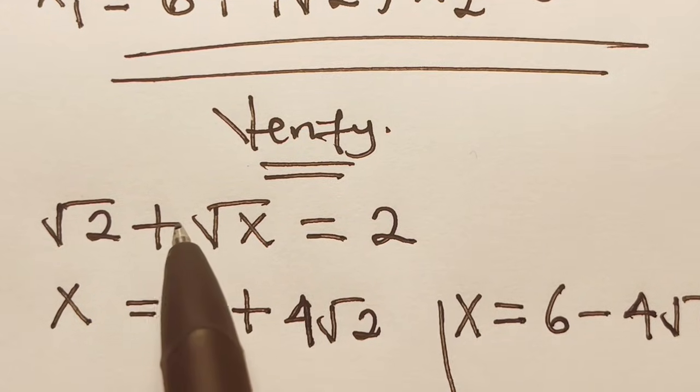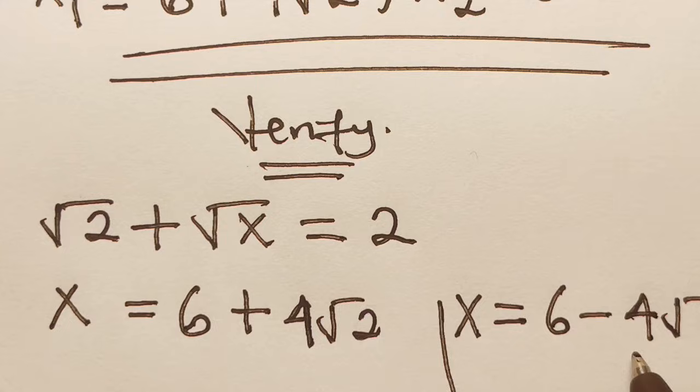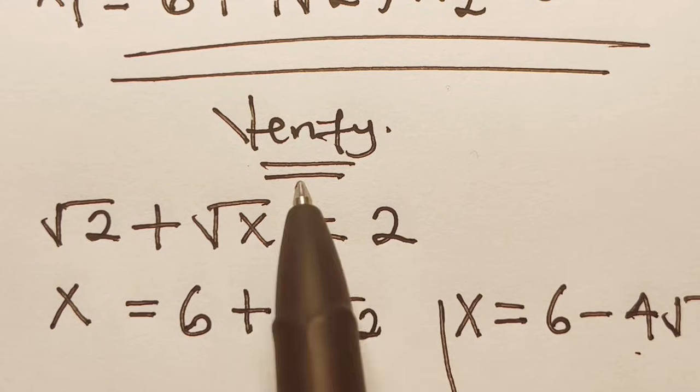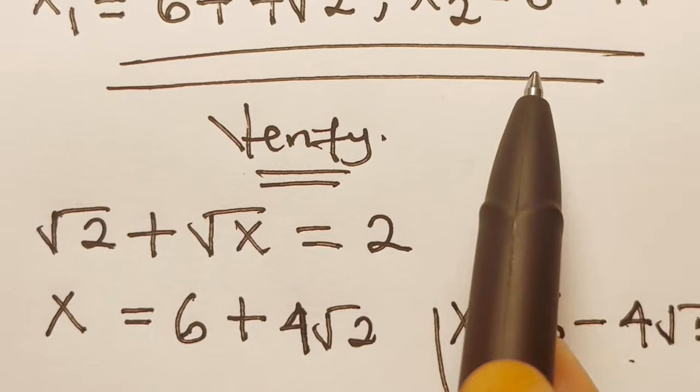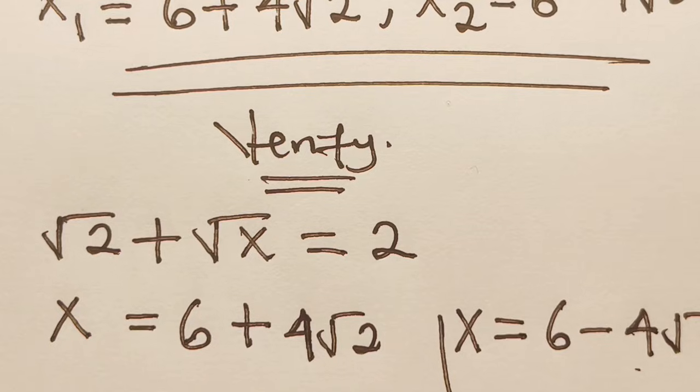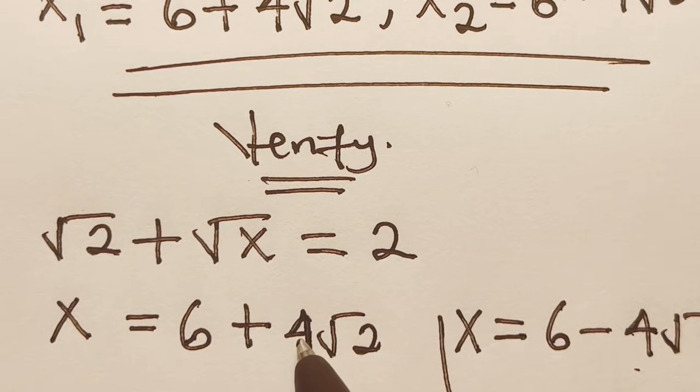Substitute this into this equation, and also substitute this into this equation, and see if these answers we got satisfy this equation. Do that and let me know in the comment section if that works.